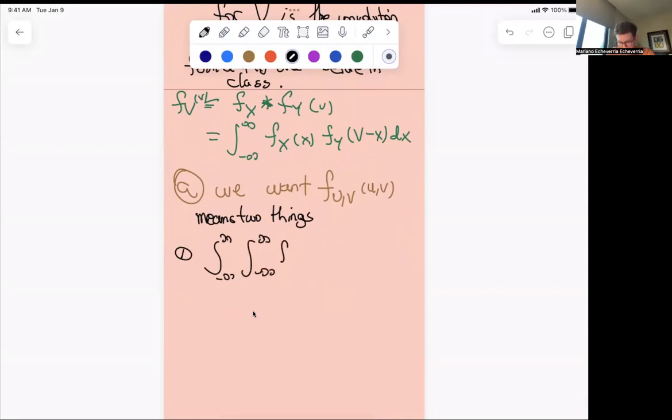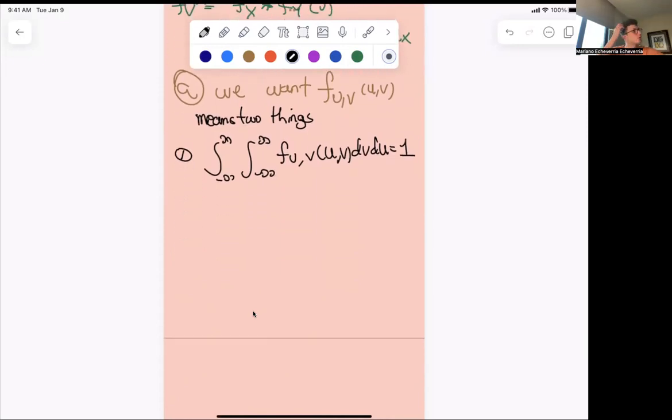It's useful when you're given a function and asked to find the value of a constant that makes it a density function, where you integrate it and force it to equal one. That is the first condition for a joint density function. Then the second condition, which is more useful for how we're going to compute this, is about the probability.